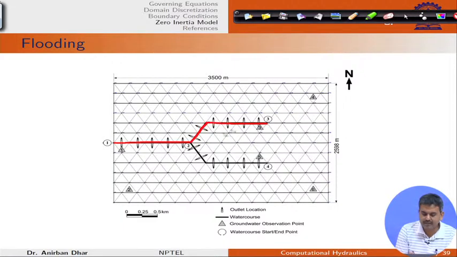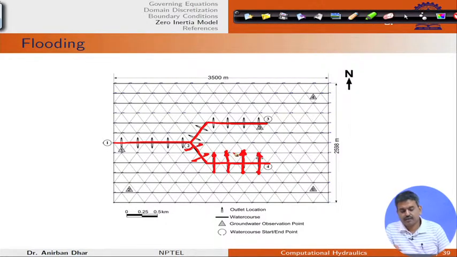This is my irrigation system, and for this irrigation system I can supply water from the canals. So, the movement of water from these canals will be slower. So, I can model this using this simplified version of our shallow water equation or 2D surface flooding equation as a zero inertia model.